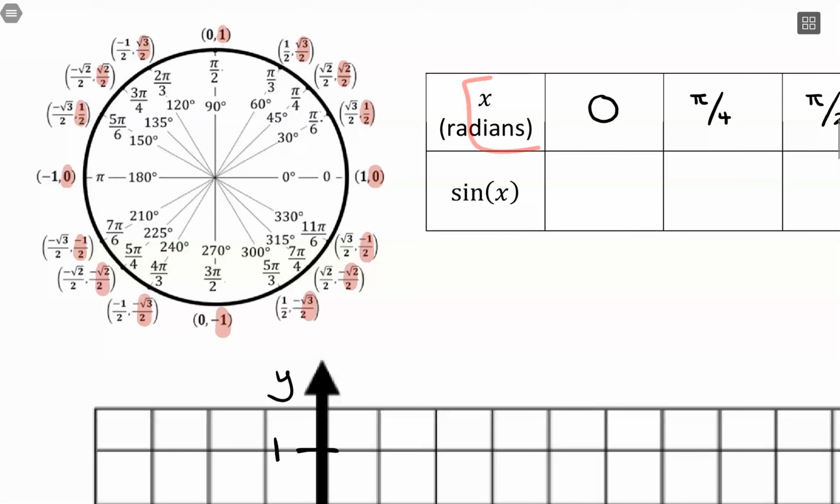Now, I could have made this with those pi over 6 values and pi over 3 values, but we're going to simplify it a little bit and just look at our increments of pi over 4. When I plug in 0 radians into my function, the output is 0, so we have the coordinate 0, 0. At pi over 4, the output is root 2 over 2.